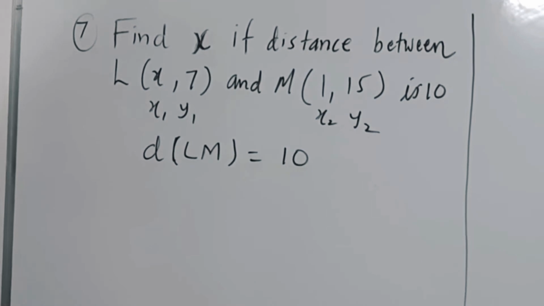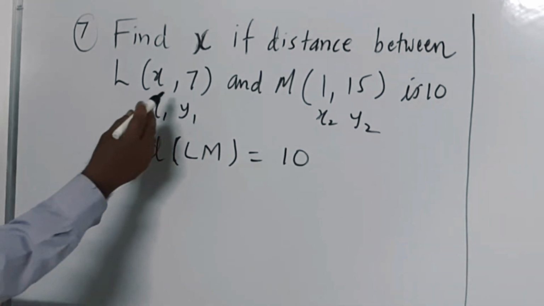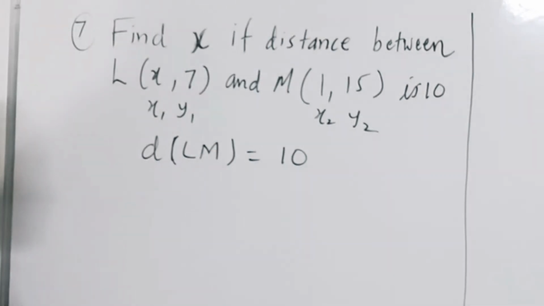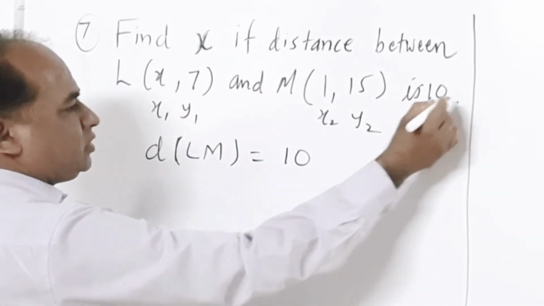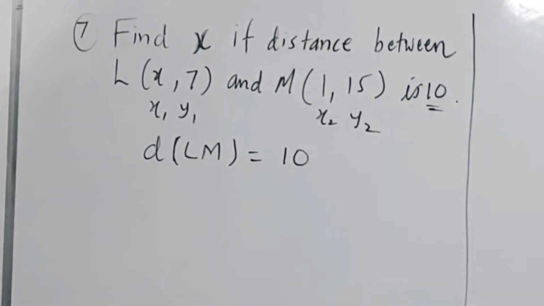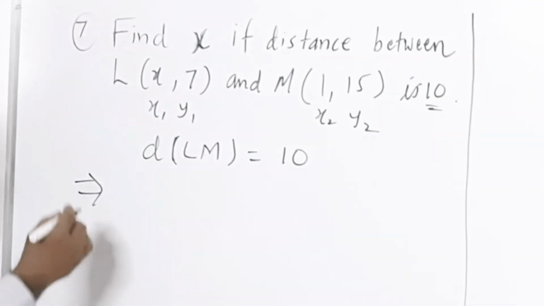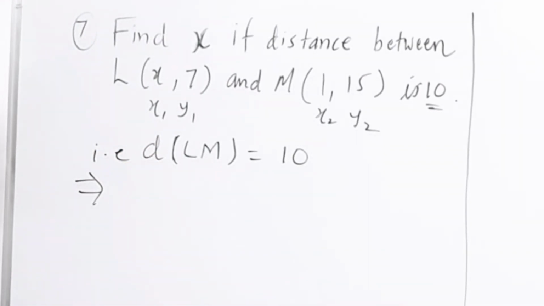Find x if distance between L (x, 7) (x1, y1) and N (1, 15) (x2, y2) is 10. We are going to find the value of x. So here given is distance, that is distance LN is equal to 10.